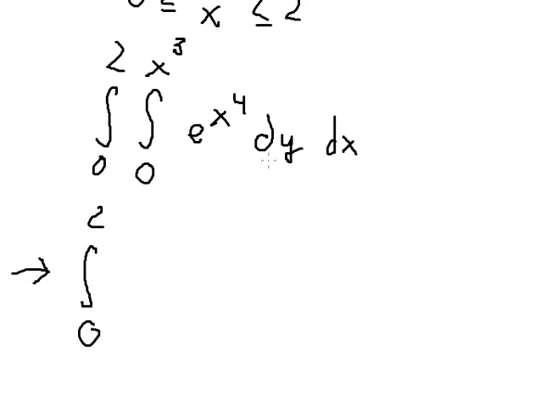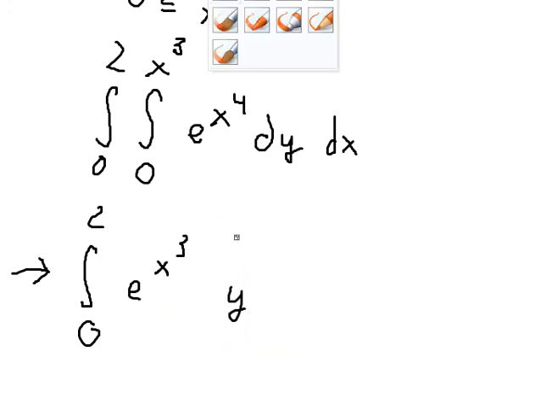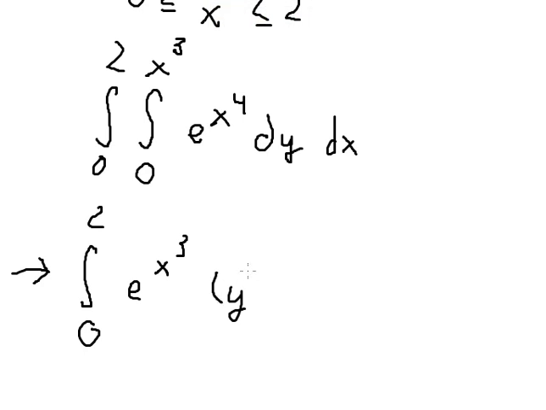the integration of dy. We don't have y in here, and we get y e to the power of s to the power of 3. And now we can put this one in here, and we put the bounds from 0 to 2, s to the power of 3 dx.